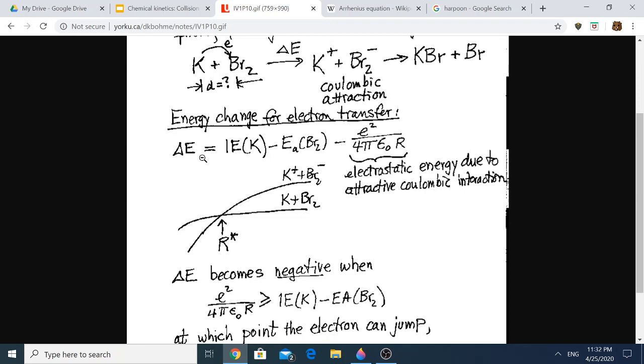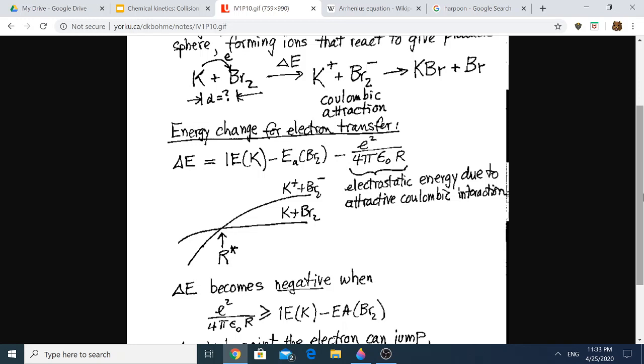And so we simply just need to sub in delta E equals to 0, and sub in the values that we take from the database of the ionization energy, of the electron affinity, and of all the constants, and then we solve this equation for R. That value of R would be the maximum distance between potassium and the bromine molecule for there to be an electron transfer between the K and the Br so that the reaction can proceed.